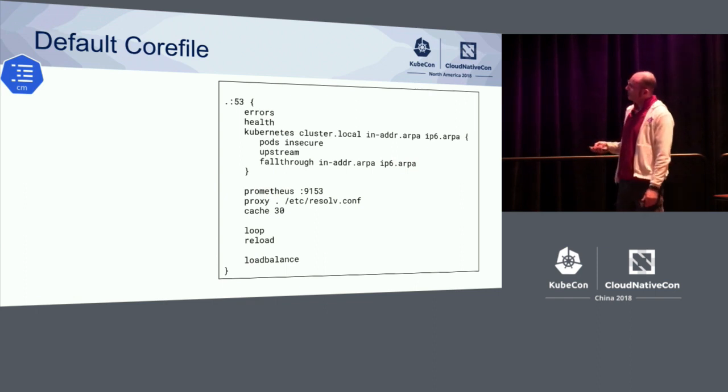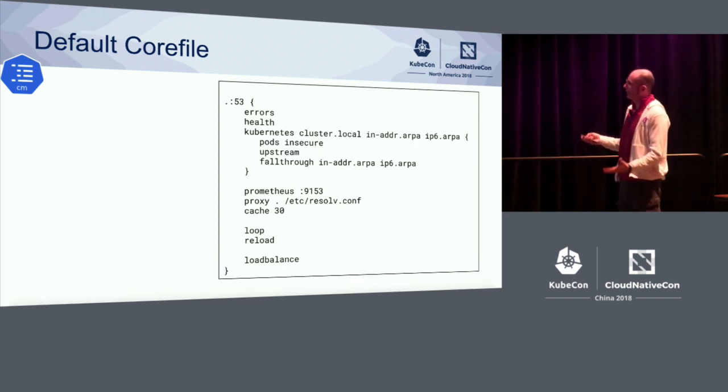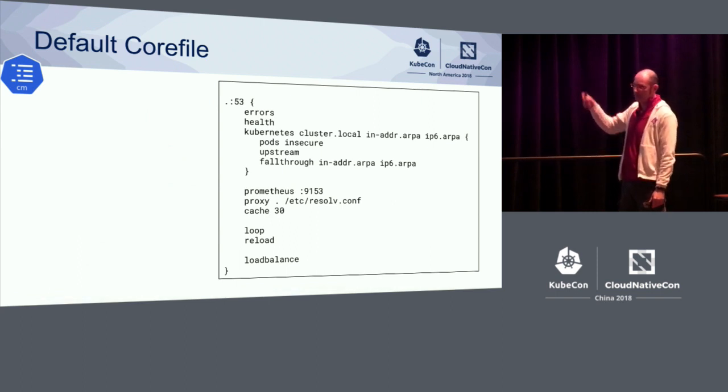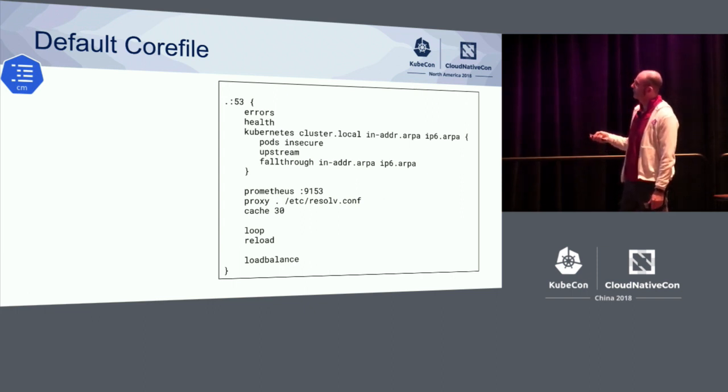Okay, what is the default configuration? So in the config map, you will have this information, which we call the Corefile. And I would like to go quickly over each of the items. Each item is called a directive, and it's a directive of a plugin. CoreDNS is based on plugins, and you just pile up all your plugins.